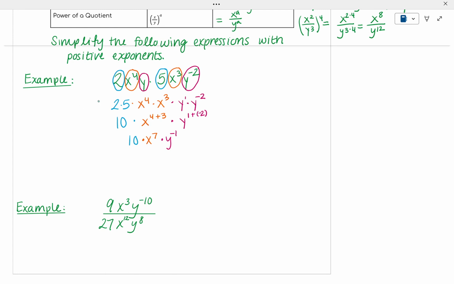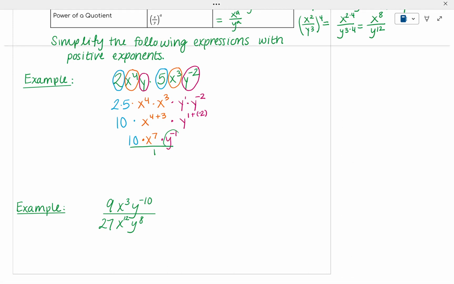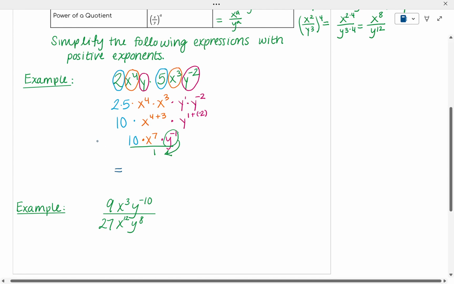So we can set this whole expression over 1, and how we make this positive is by taking this term and moving it to the denominator. So then we have equals 10 x to the 7th power, and this becomes y to the 1, or y to the 1 can just be written as y.